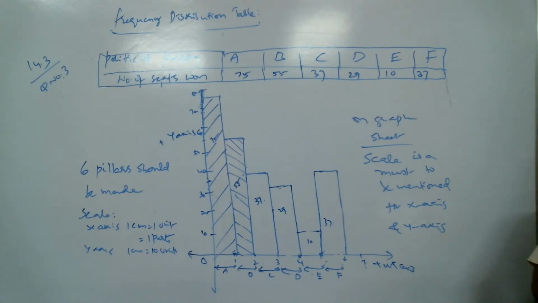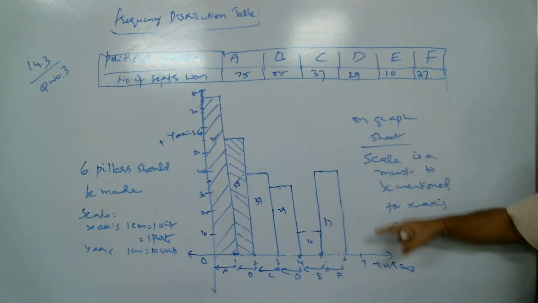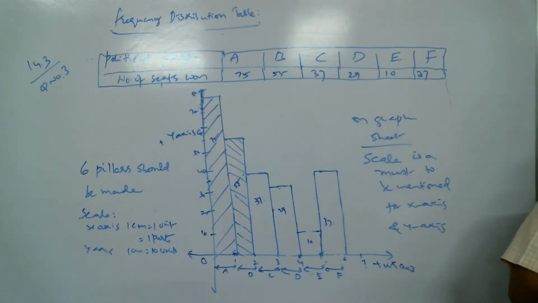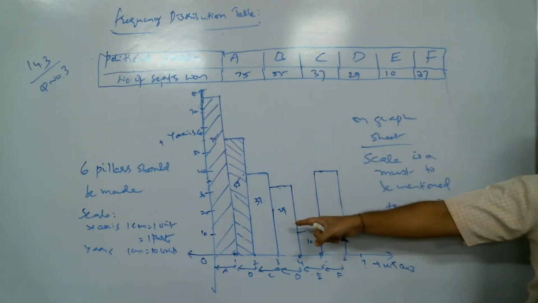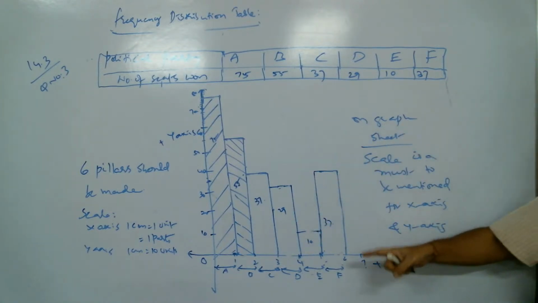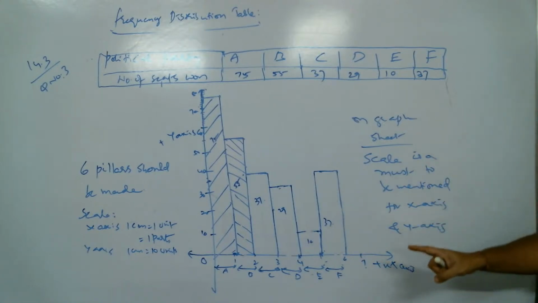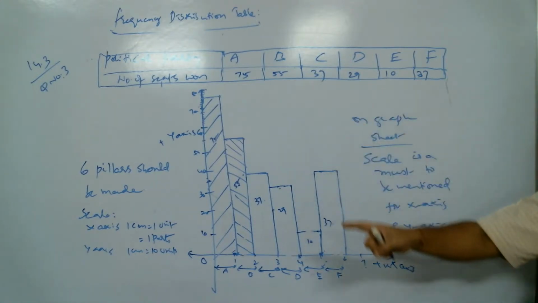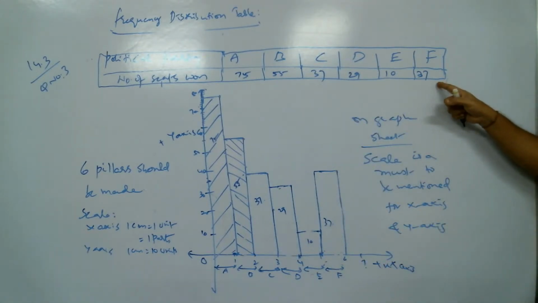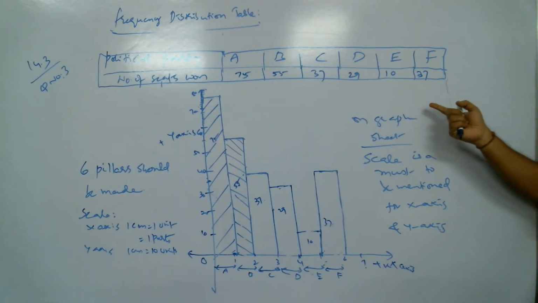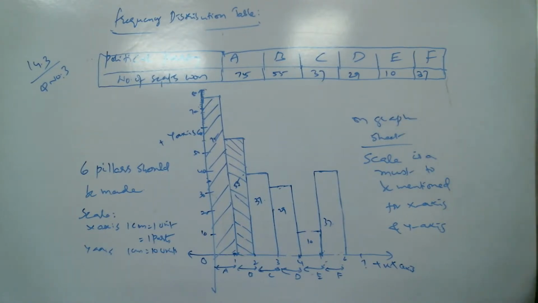So use the pencil shading only, in different ways, and make the difference. Otherwise, if you don't do it also, no problem. But you need to show the pillar height exactly. You need to use the scale. You need to use the pencil. You have to mention the scale also and use the pencil only. Entire plotting will be on the graph sheet, and the question you can write on the other side, right side. Are you clear? Okay. Now I'll teach the first question.